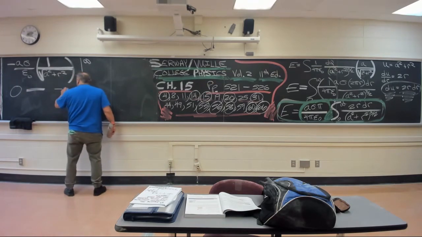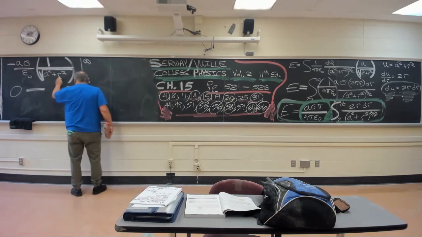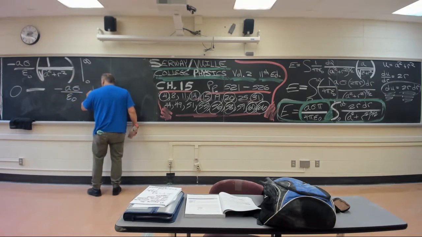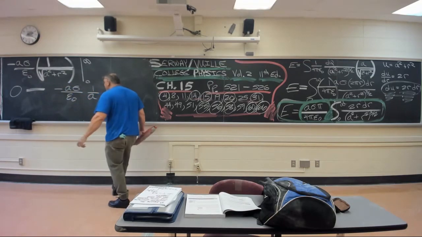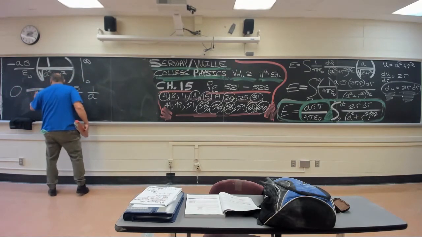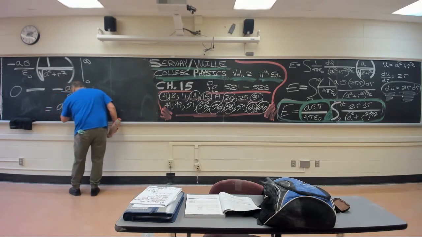On the other side of that, put a 0 right here. 0 squared is 0. 0 plus A squared is A squared. The square root of A squared is A. Zero minus a negative is going to be a positive.